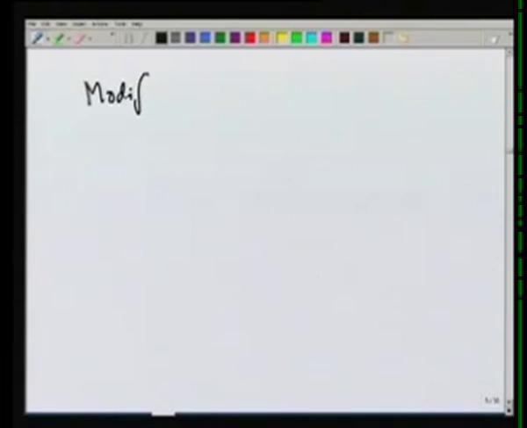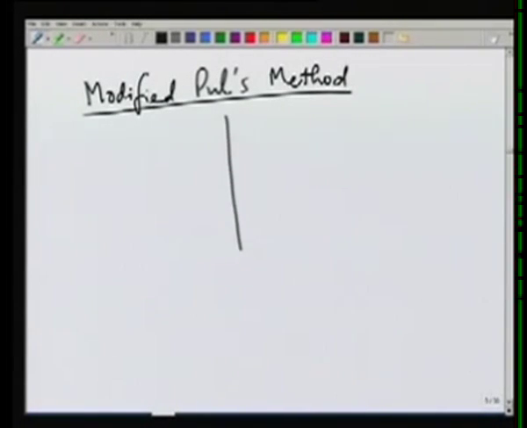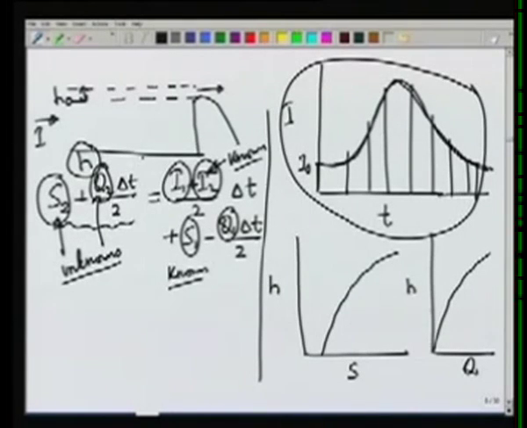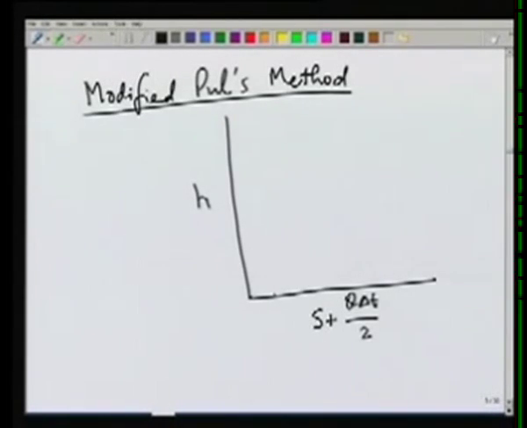The commonly used method, called the modified pulse method, looks at plotting the curve in a little different form, so that we are plotting S plus Q delta T by 2 versus H. If we look at this equation, the term S plus Q delta T by 2 will be a function of H because both S and Q depend on H. The plot of S plus Q delta T by 2 would look like this. On the same graph, we can plot Q also.